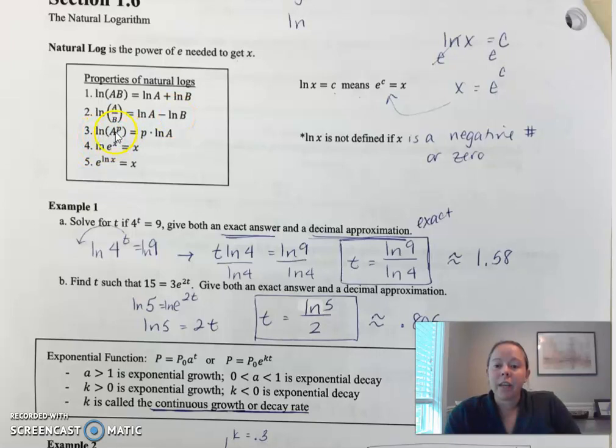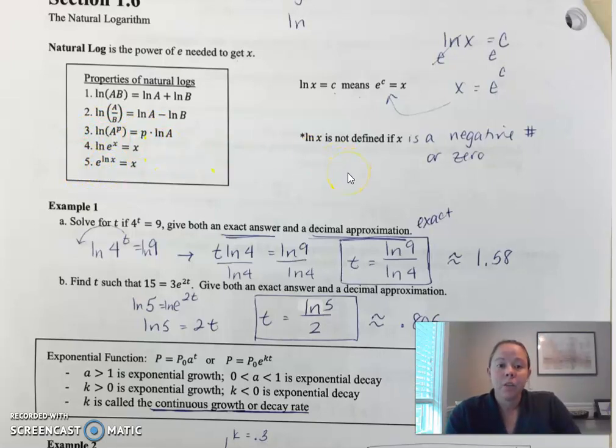If you have natural log of a raised to p, as long as it's a that's being raised to p, you can pull that p down in front. Then natural log of e to the x, that natural log and e cancel and you're just left with x. And then e raised to the natural log of x equals x. And these are really important last two properties that we're going to use to help us solve.